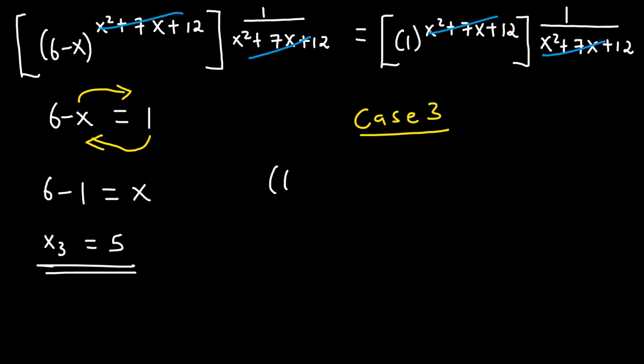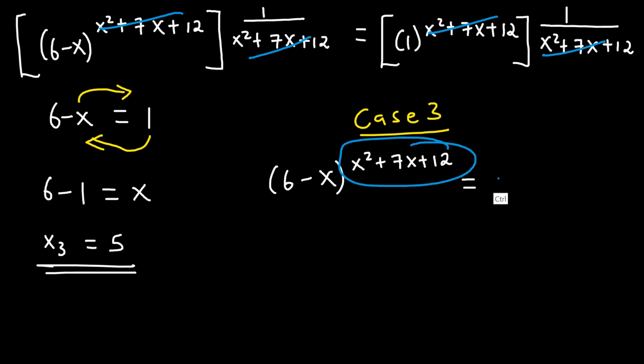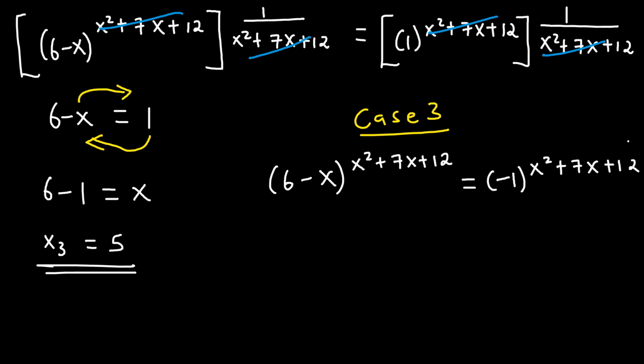We shall have (6 minus x) raised to the power of x squared plus 7x plus 12 equal to, now we know that negative 1 raised to the power of an even number will be equal to 1. So if we consider this to be even, we shall have negative 1 raised to the power of x squared plus 7x plus 12.